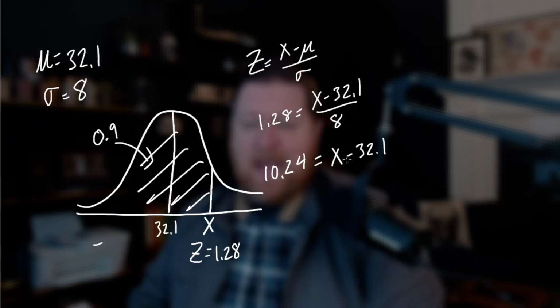So we need to add 32.1 to both sides, and we find out that x is equal to 42.34.